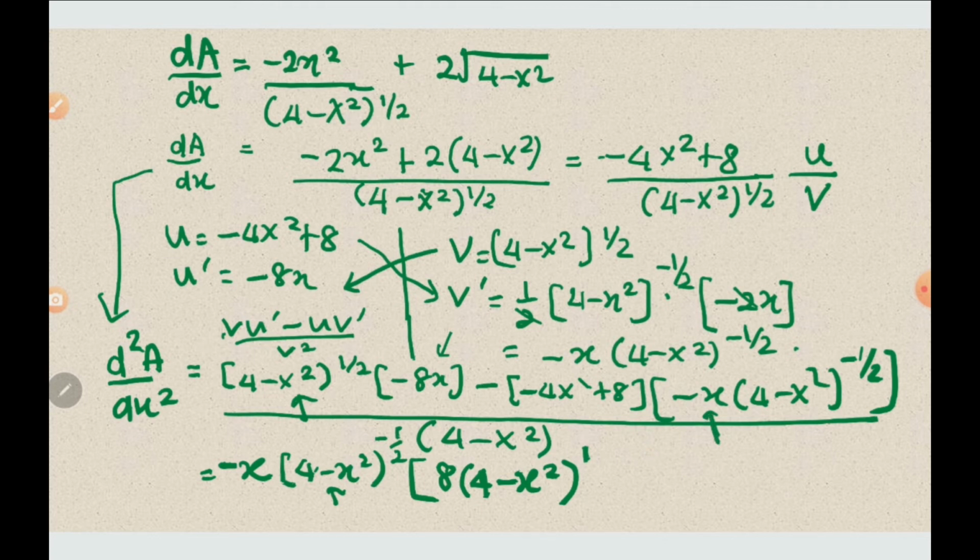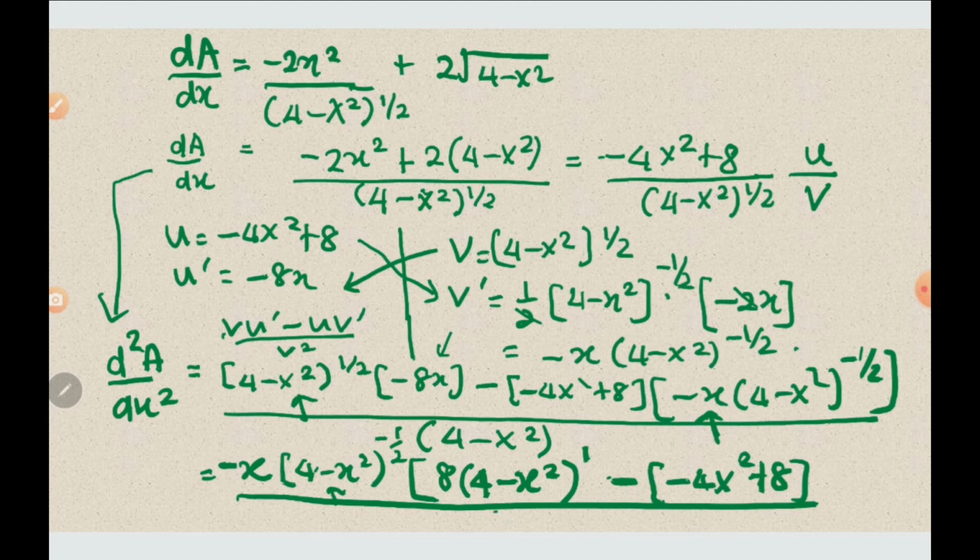And for this term, you need to multiply with negative of negative 4x squared plus 8, and don't forget to divide by 4 minus x squared.